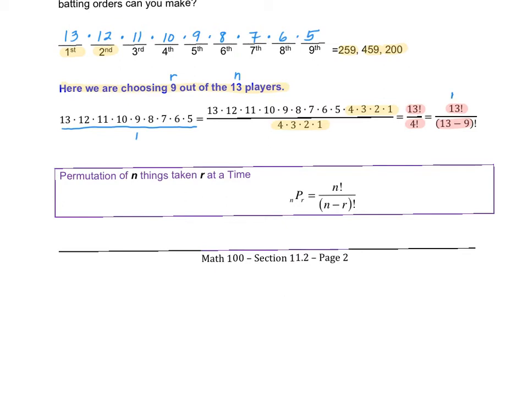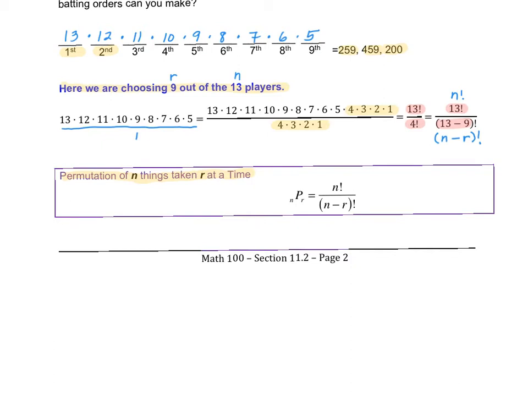So this becomes 13, or n, factorial over, in parentheses, the total was n, minus the amount I was choosing, which was 9, so that's my r, parentheses factorial. And that's our permutation formula. So the permutation of n things total, taken r at a time, is this formula here.